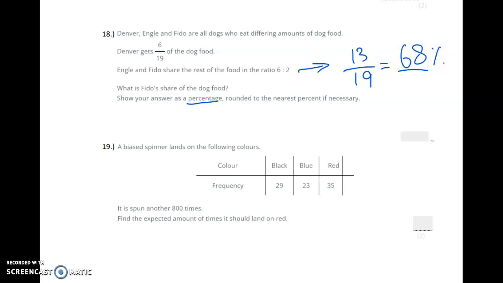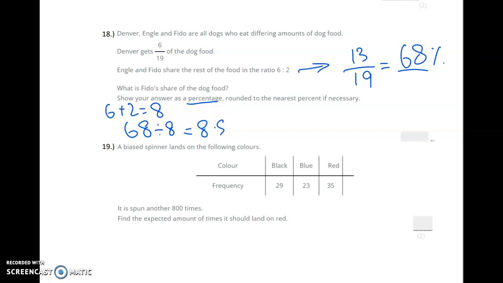So Engel and Fido share the rest of the food in that ratio of 6:2. So we're sharing 68% in the ratio of 6:2. Our first step there is to add the 6 and the 2, which gets us 8. Next step then will be 68, the percentage that you share out, divided by 8. So 68 divided by 8 gives us 8.5.